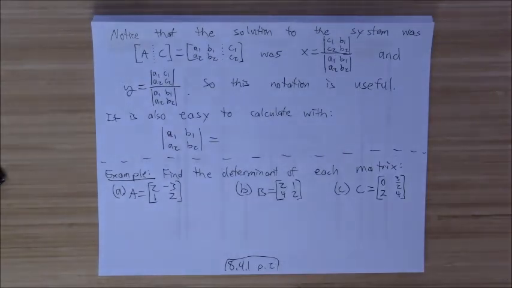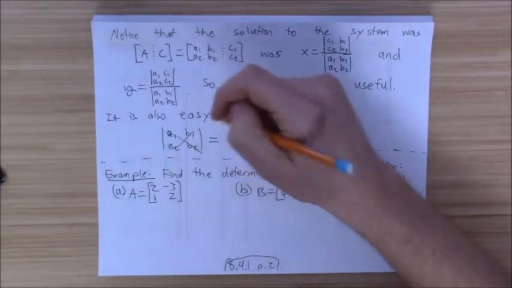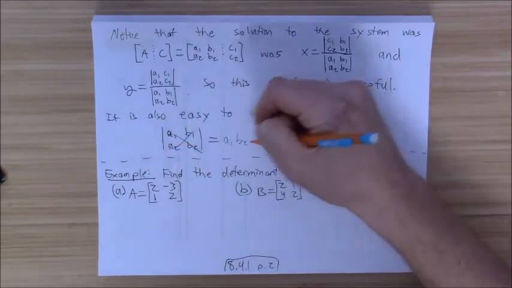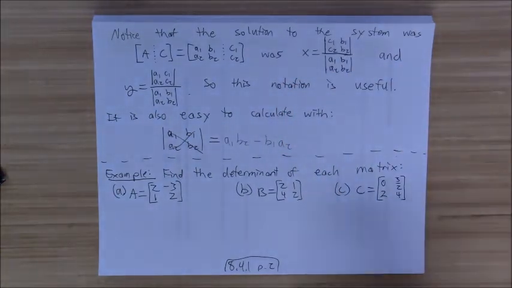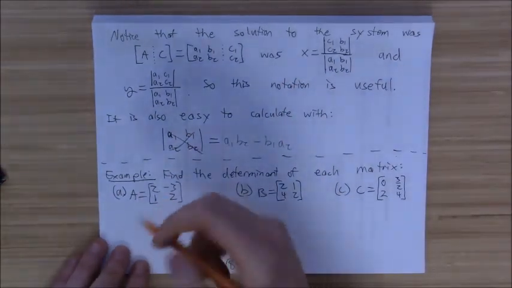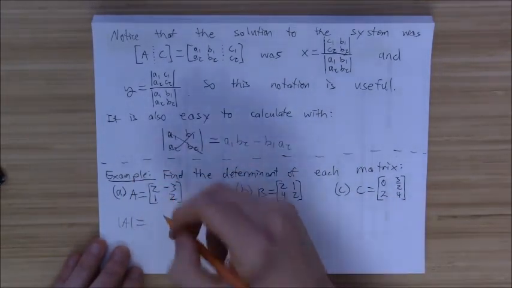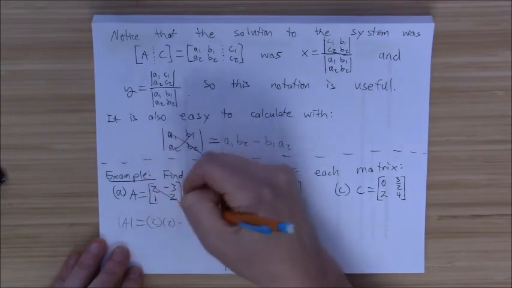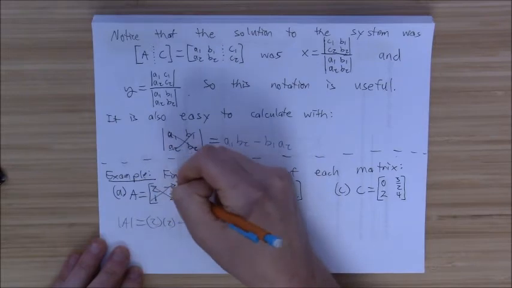And it's also not too hard to calculate with, again, because all you have to do is A1, B2 minus B1, A2. So for example, if we wanted to find the determinant of A, we would have the determinant of A is equal to 2 times 2 minus negative 3 times 1.